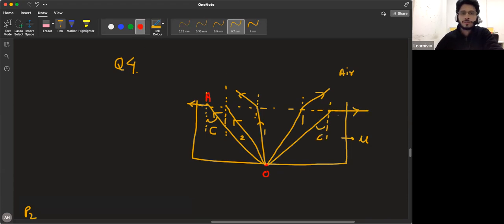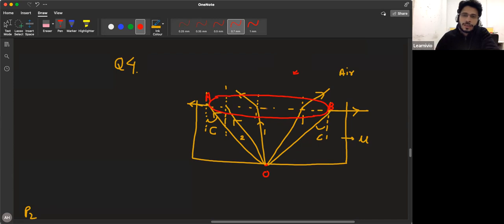Let's call this point B. All rays coming in between A and B can come out of the beaker. The rays coming from the region beyond A and beyond B will undergo TIR, and these rays will not come out.